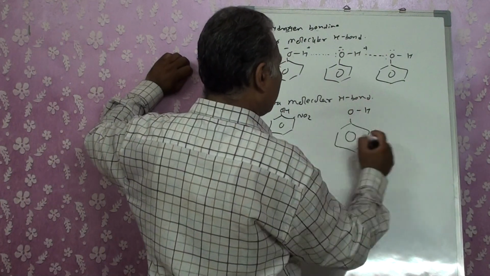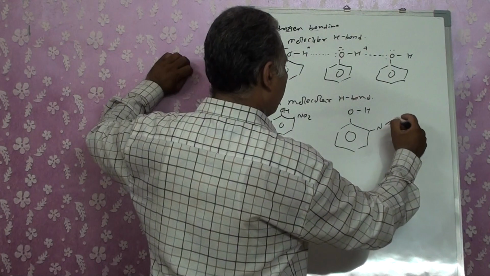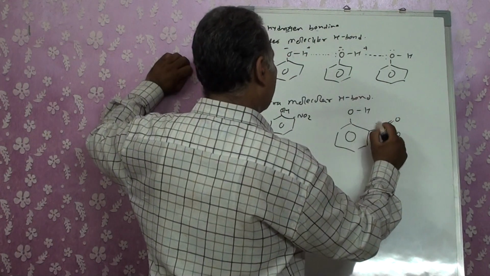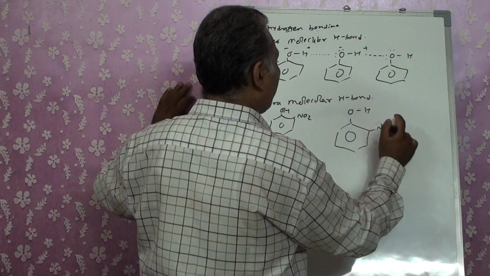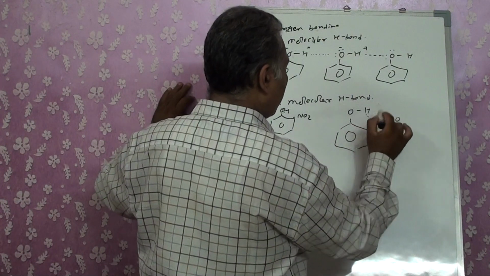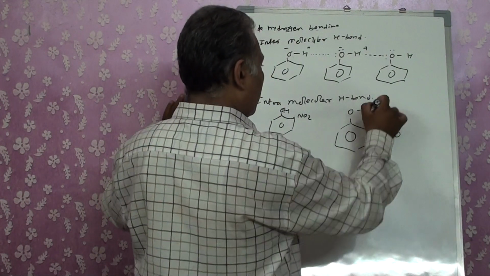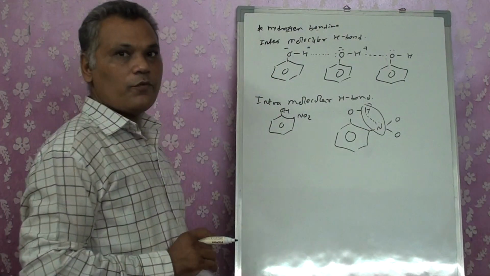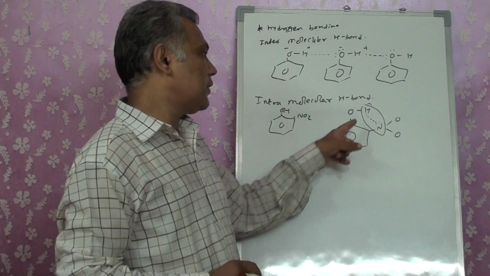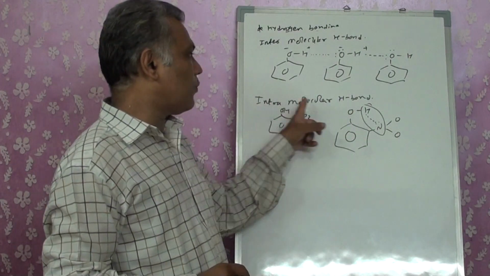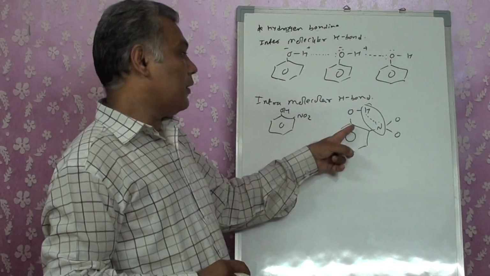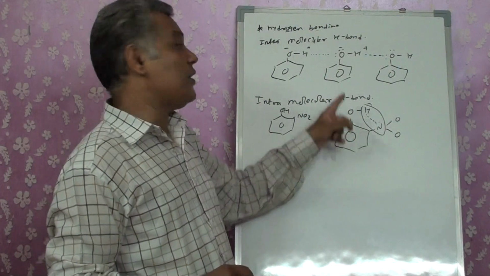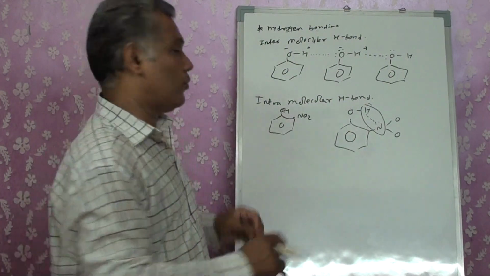Oxygen is bonded with hydrogen, nitrogen is bonded with it. It also contains one lone pair. This one will try to attract that lone pair. So this bond is there within the molecule, within itself, and as a result it is considered as intramolecular hydrogen bond. Intramolecular hydrogen bonds are weaker than intermolecular hydrogen bonds.